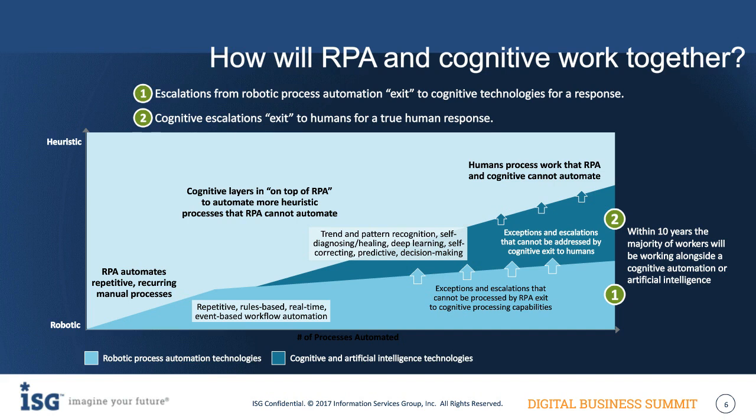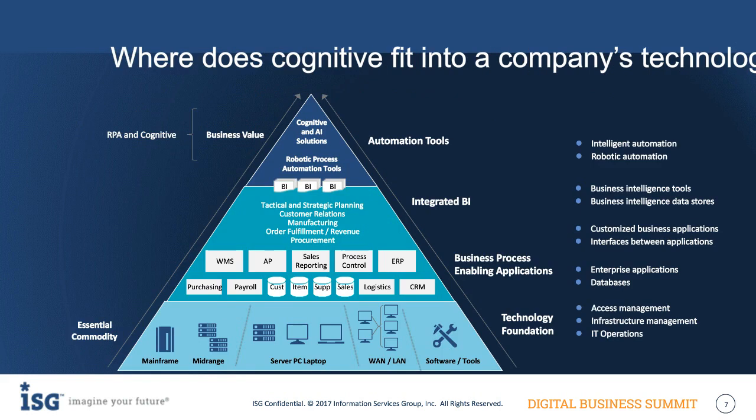So there still is a role for humans in this model. So that gives you a flavor of how potentially RPA and cognitive intersect in a business. Fortunately, we have some very good experience with that. We've seen a lot of it, and I'm glad to answer any other questions that might come up.